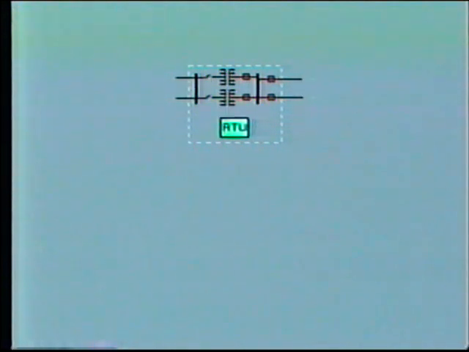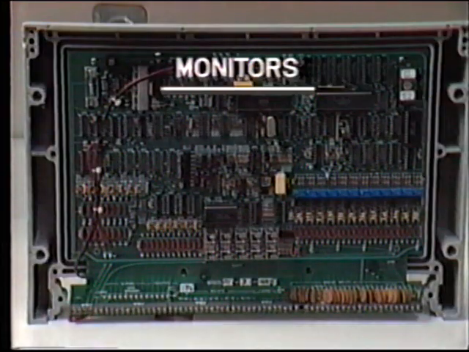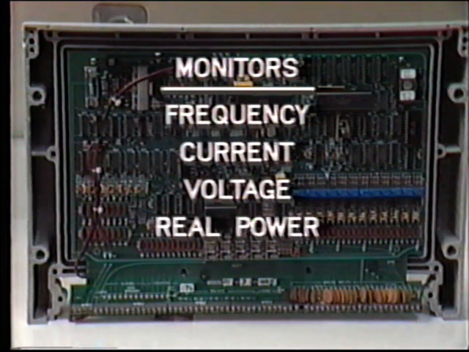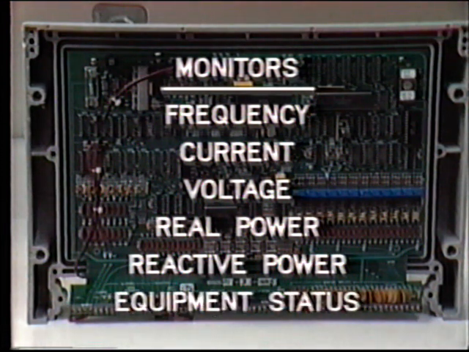This information is received from monitoring points which measure conditions on nearby equipment, such as transformers, circuit breakers, transmission lines, and feeders. This data typically includes measurement of analog quantities such as frequency, current, voltage, real power, reactive power, and so on. Additionally, equipment status is also monitored, for example, breaker open or breaker closed.